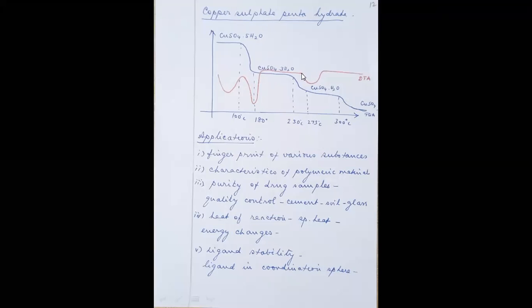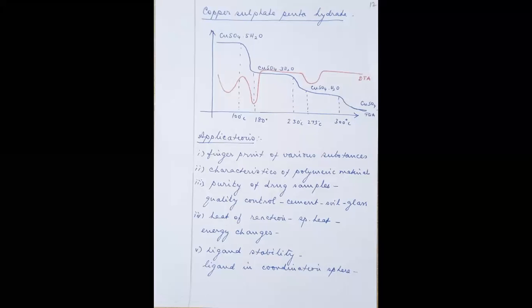And again, another two molecules of water are getting eliminated from the molecule, which starts at a temperature of 250 degrees centigrade and continues up to 275 degrees centigrade. And then what you are getting is copper sulphate monohydrate. So there is another endothermic curve. And then when the system reaches 300 degrees centigrade, it becomes anhydrous copper sulphate.